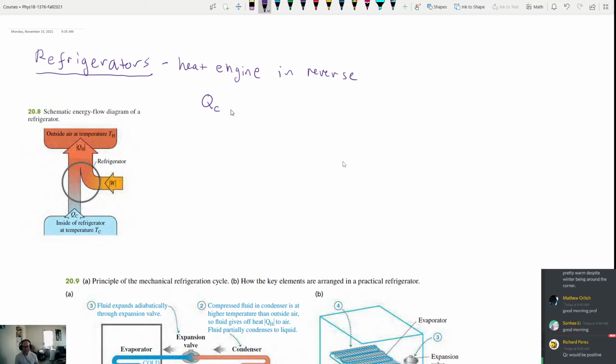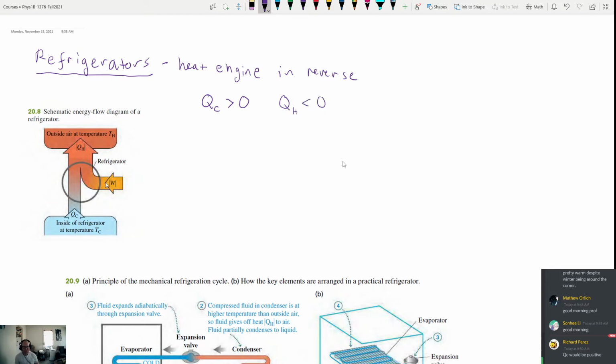QC is positive because the heat is going into the circle, right? Whenever heat goes into the system, it's positive, right? When heat goes out of the system, it's negative. So QC is positive and QH would be negative, right?